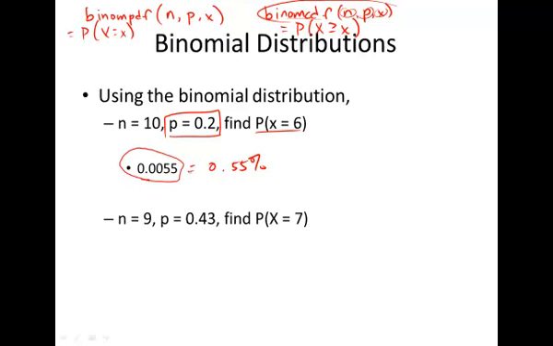All right, let's go: probability that x is equal to 7 when the probability of one success is 43% and n is 9.